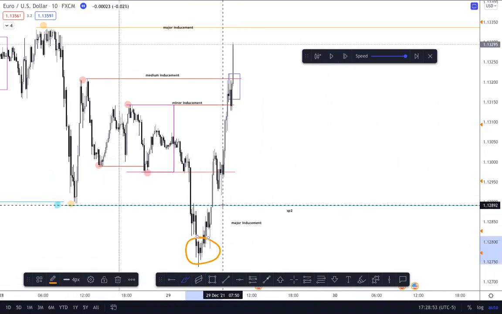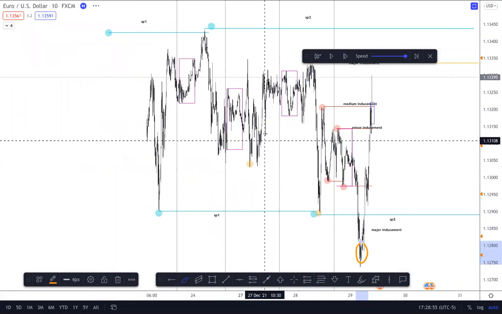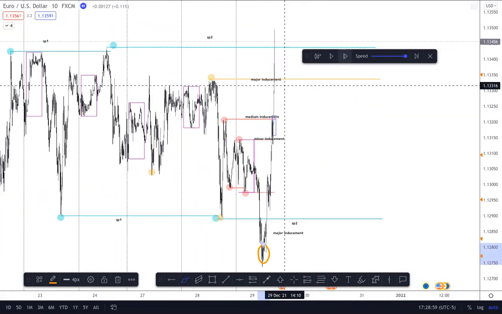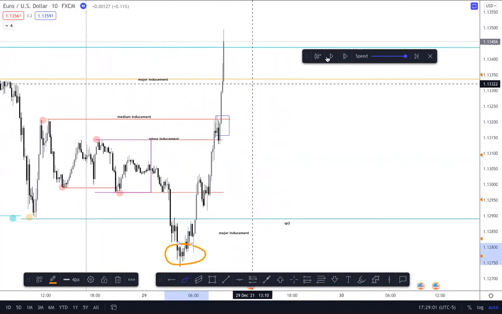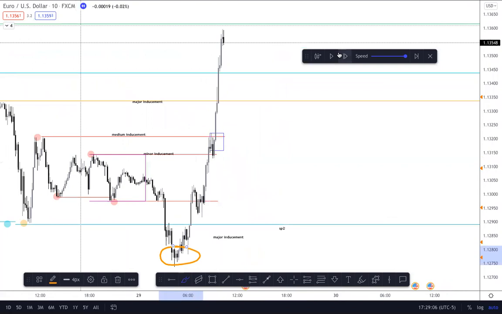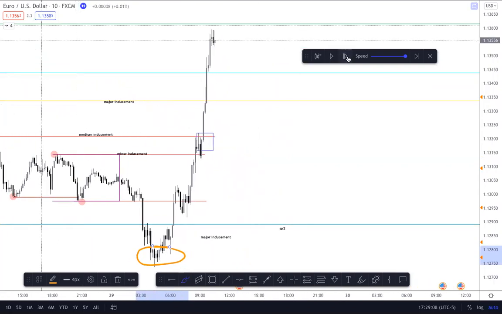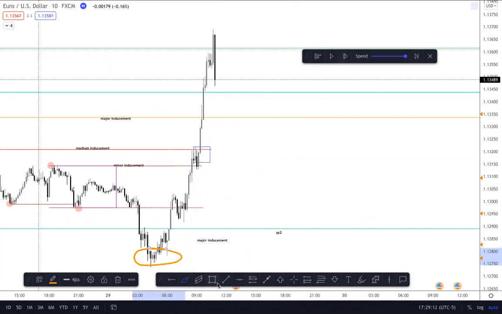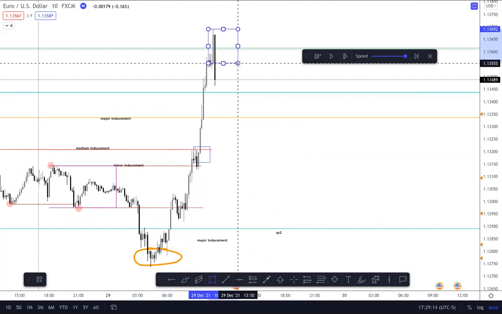I can almost guarantee as soon as we sweep this major inducement or this major inducement, we will have a reversal. Here we swept the major inducements. We need confirmation. Here is our confirmation. Engulfing.